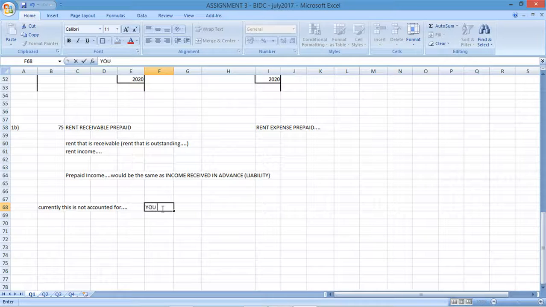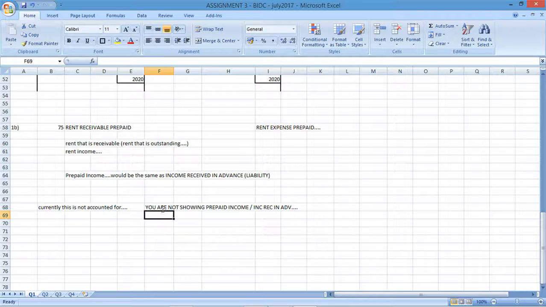So you're not showing a liability. If you're not showing a liability, that means your income is overstated.